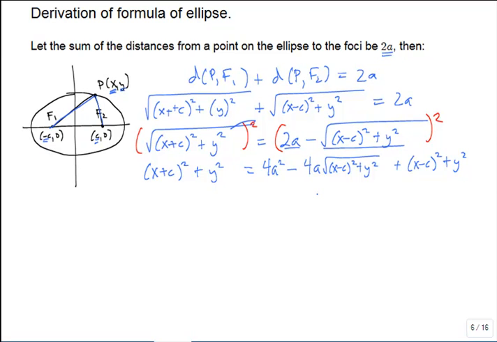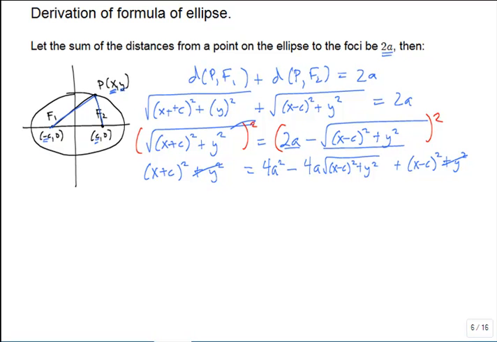So now we're going to try to clean this up a little bit. I'm going to go ahead and FOIL out these parentheses here and these parentheses here, and hope that some of these things will cancel out. One thing that hopefully you can see will cancel out are these y squareds. We've got a plus y squared on both sides, so if I subtract y squared, it's going to cancel out.